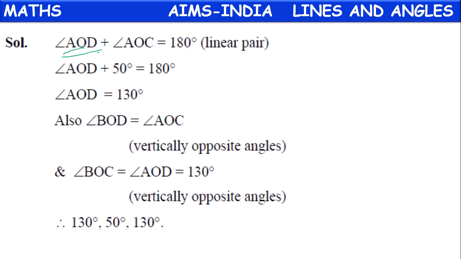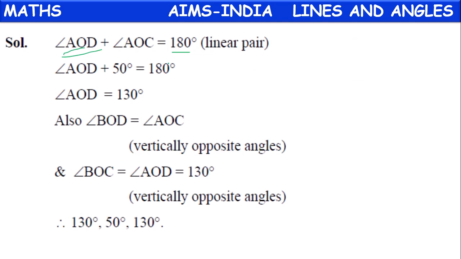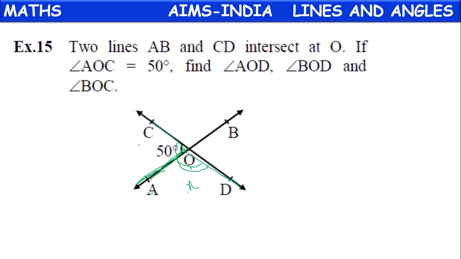So AOD and AOC equal to 180 degrees, because linear pair. AOD we don't know, AOC is 50 degrees, 180. Then AOD will be, 50 will come this side, minus 50, 130 degrees. 130 degrees.